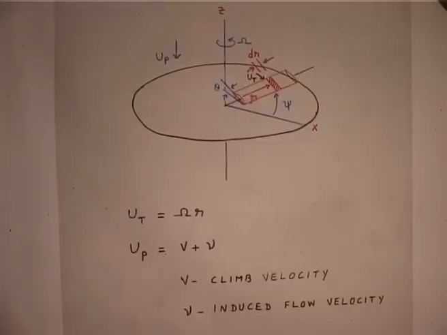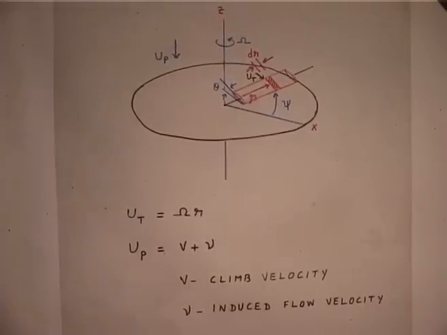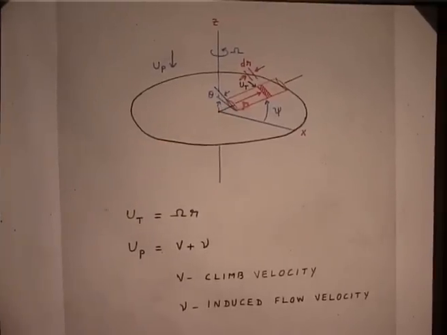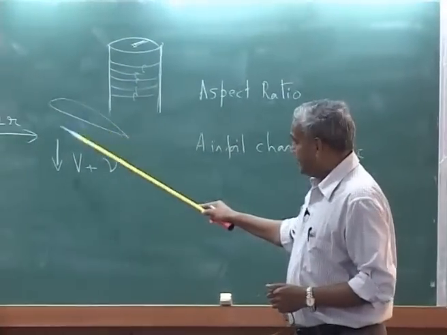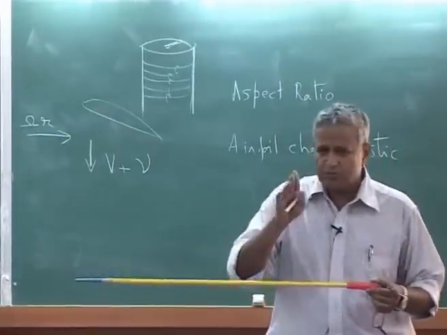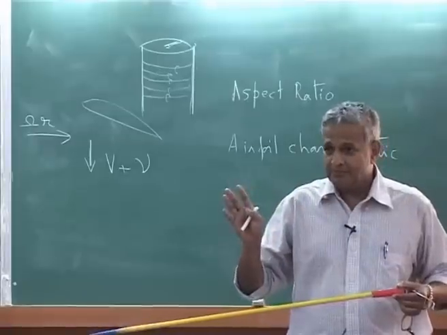Now, what is the blade element theory? This is a rotor blade which is rotating. I said the cross section is this. I know what is the oncoming velocity. It is a 2-dimensional model, that is all, a 2D airfoil model.